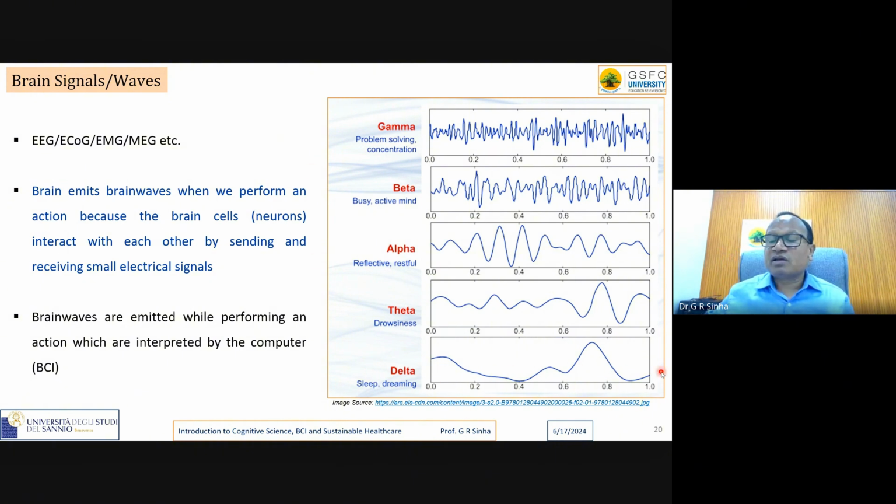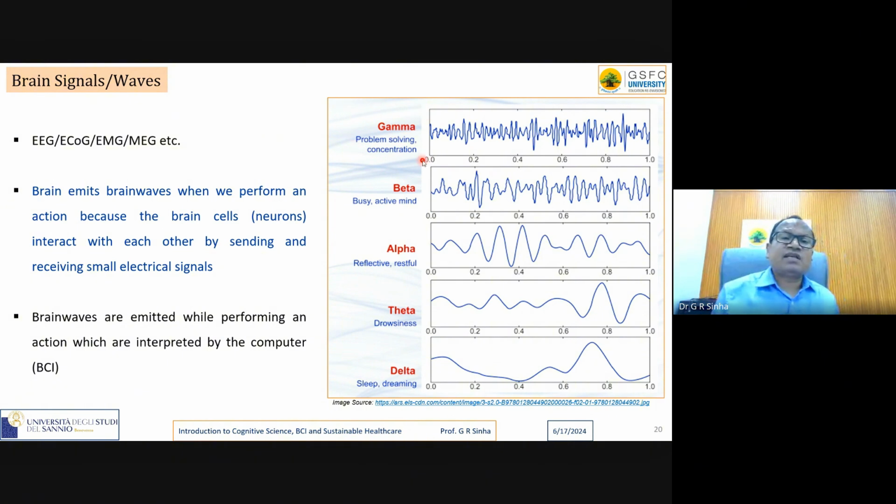Look at here. The lowest frequency of EEG signal is a component called delta. Then a little higher is theta, a little higher is alpha, more is beta, and the highest frequency, look at here, is in the gamma wave.